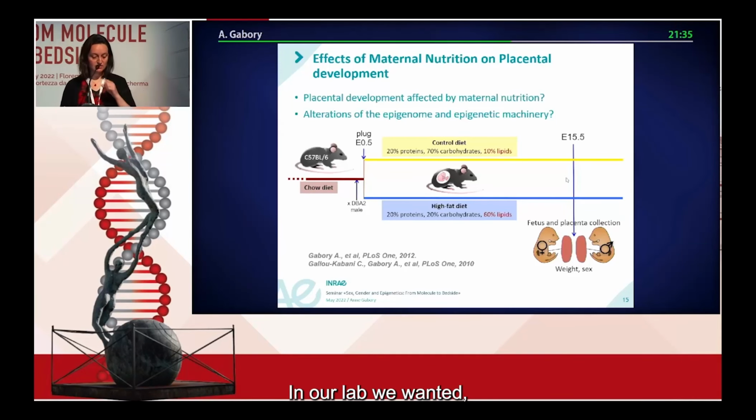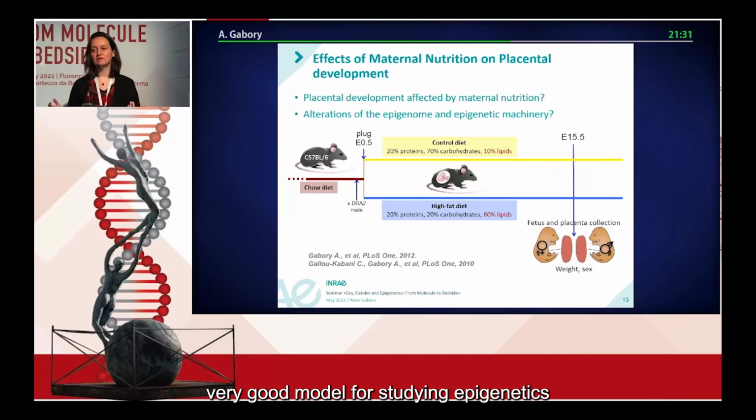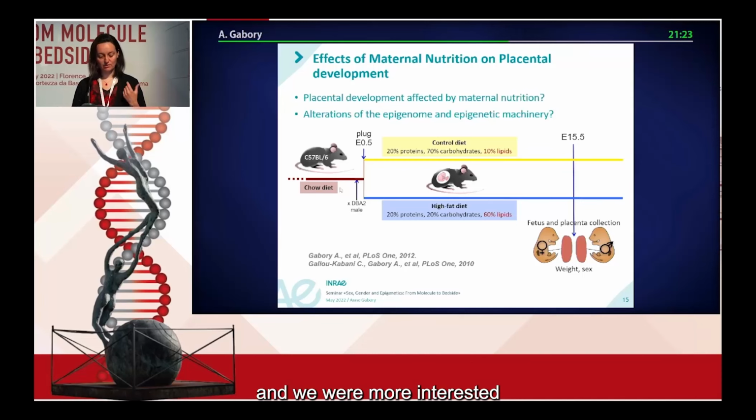In our lab, a rabbit is not a very good model for studying epigenetics because the genome is not well defined. And we were more interested in doing experiments in mouse. So we were wondering, is placenta development affected by maternal nutrition, and are there alterations of the epigenome and epigenetic machinery?